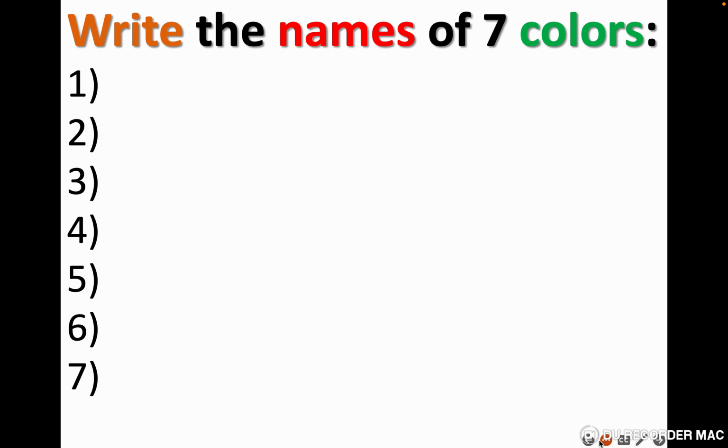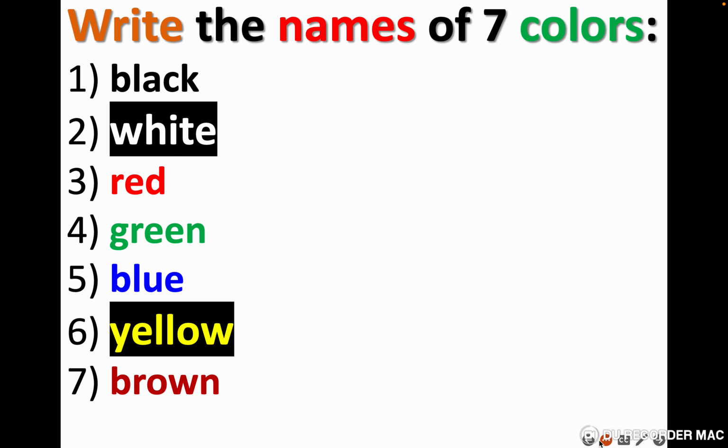Write the names of 7 colors. Here we have different answers. I give you one possible way of saying the 7 colors. Let's see the answers. The first color is black, and the second color is white. Black and white, they call them the kings of colors.